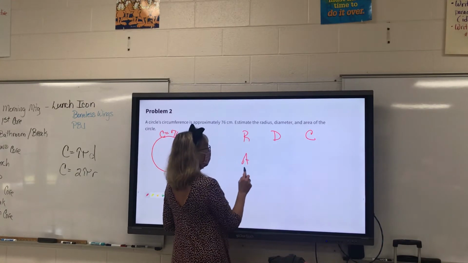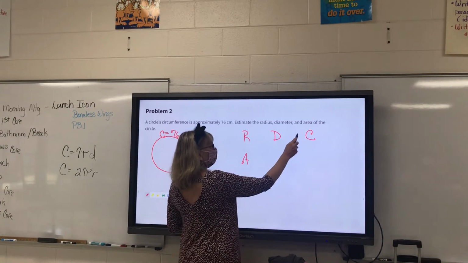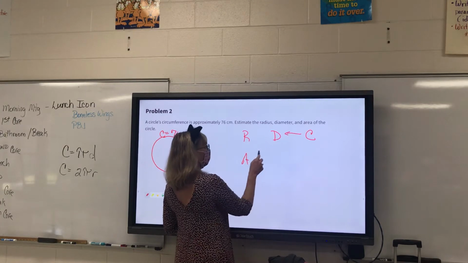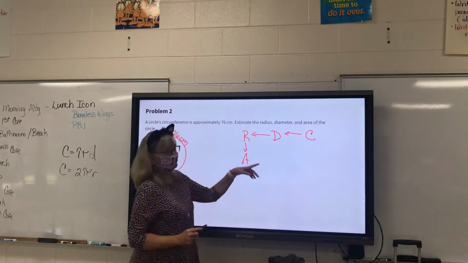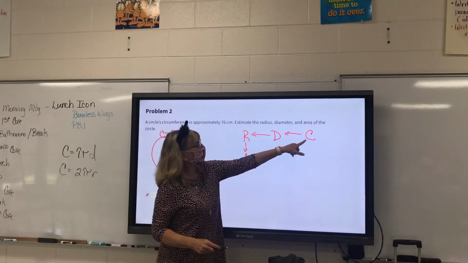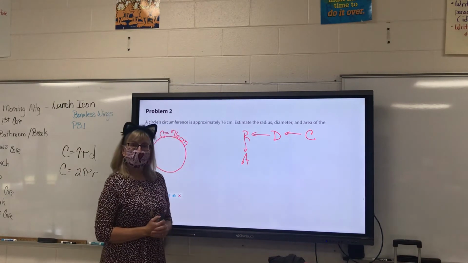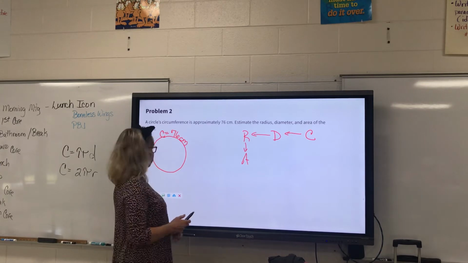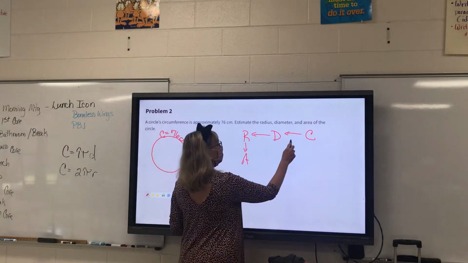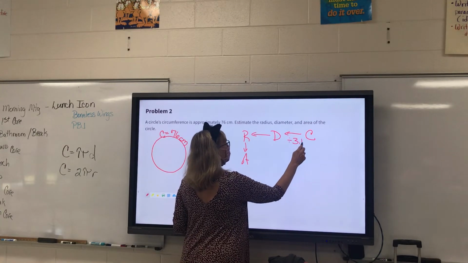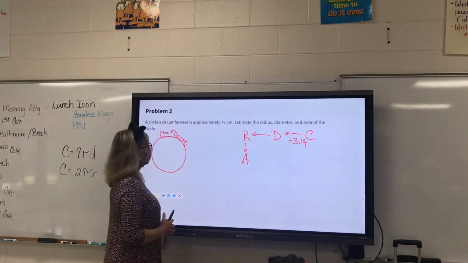And we added area to it. So we're here at circumference. We want to do all of these. So we're going this way. So how do we get from circumference to diameter? What do we do? Divide by 3.14. Okay, so everybody get out your calculators and do 76 divided by 3.14.